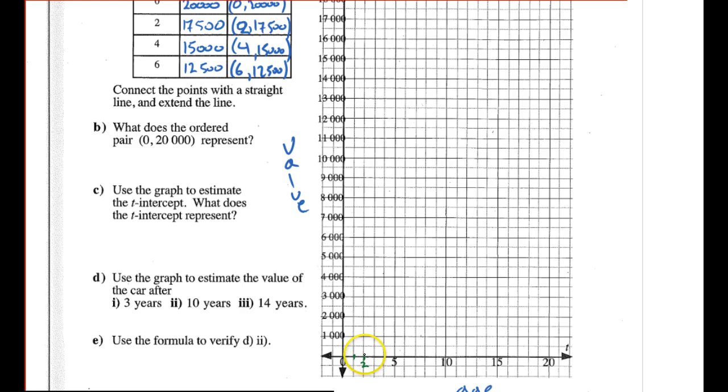It is 17,500, so I'm going to go up 17,500. When it is 4 years old, it is 15,000. And then 6 years old, 12,500. Where is it? Down here. There it is. Okay, so those are the only points I have.